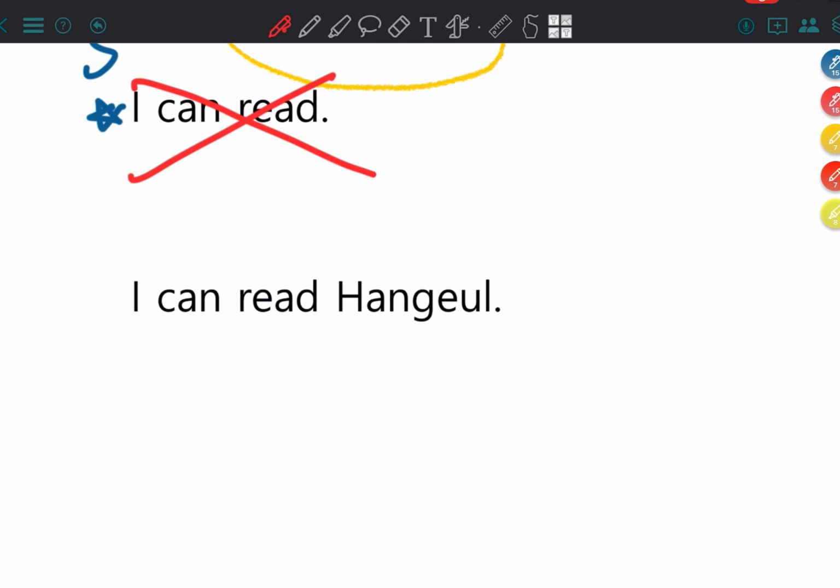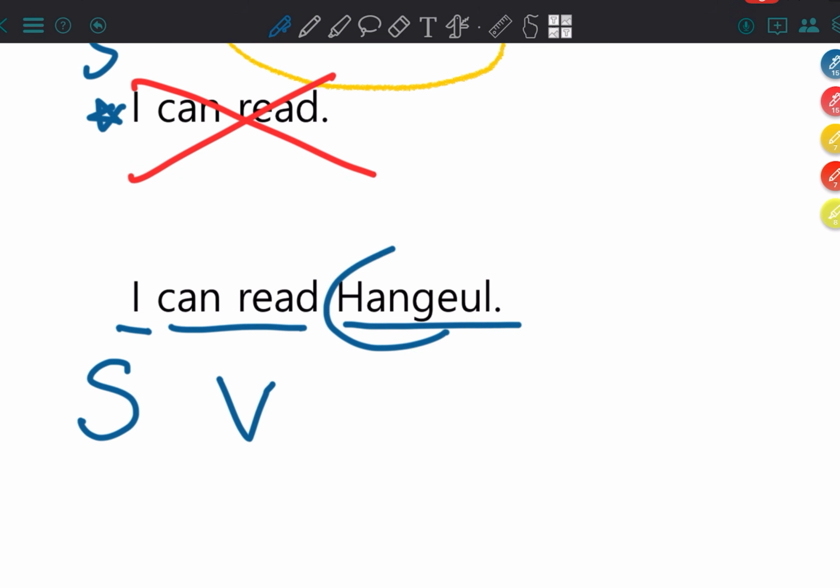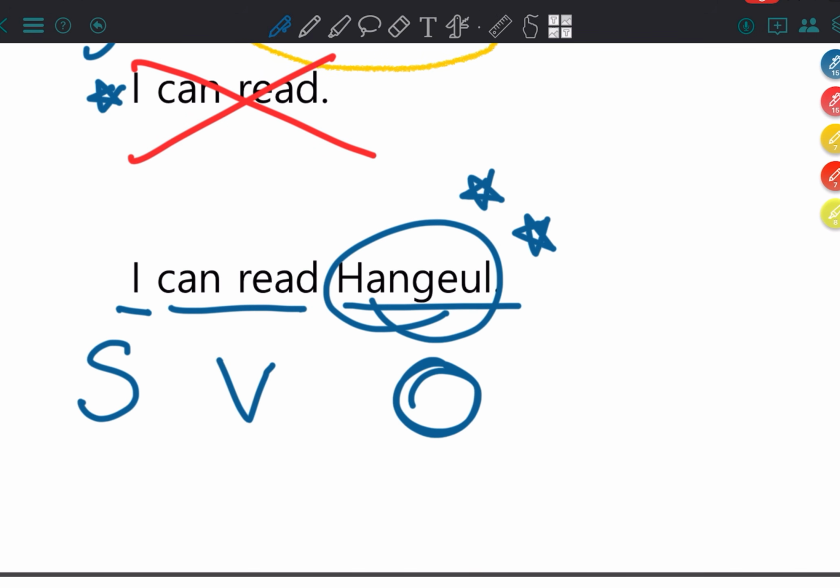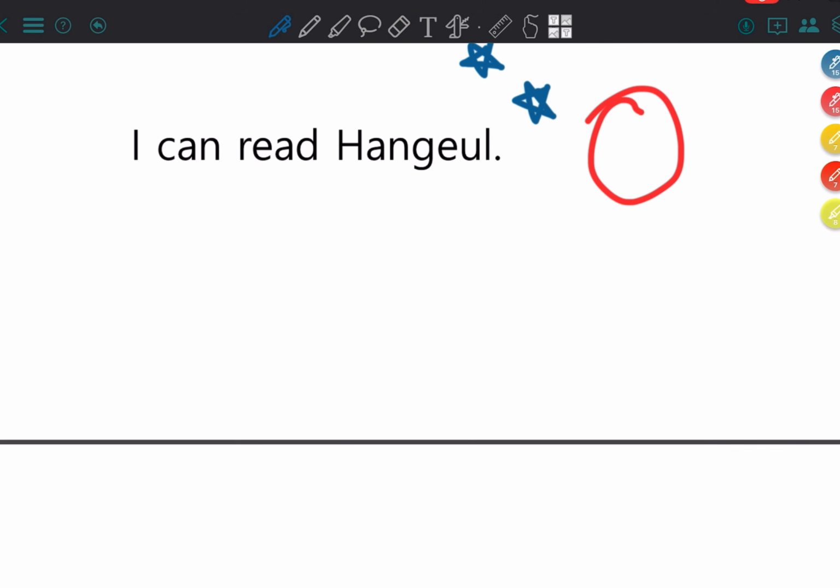How about I can read 한글? There you go. So subject, verb, and reading what? It's specified what you can read, right? The target you read. So there is an object, and thereby you can use the object marking particle. Actually, let's translate the sentence and try using the object marking particle in a sentence.